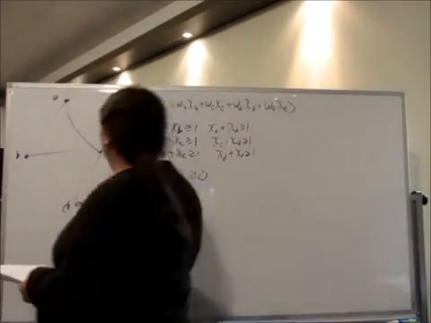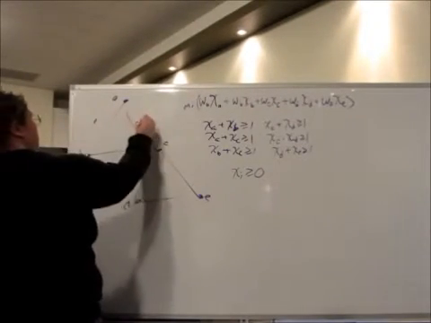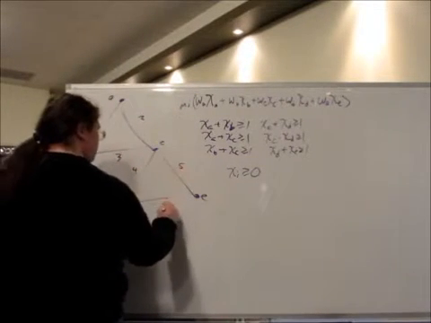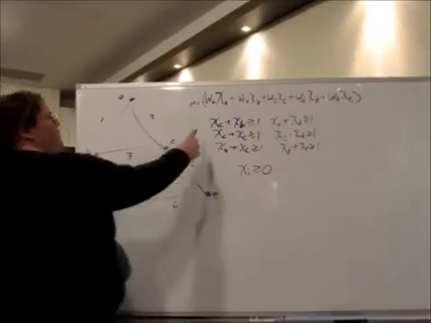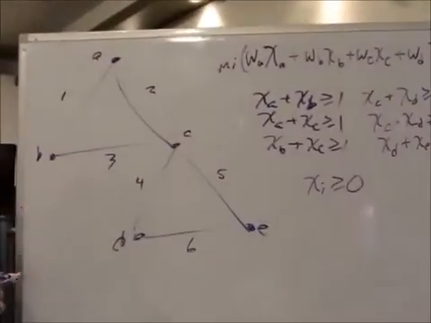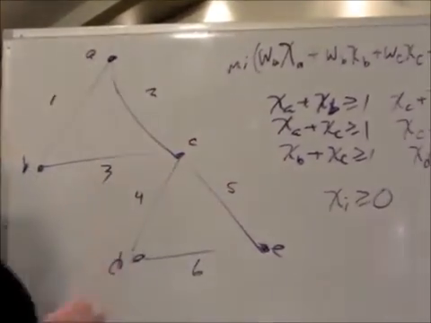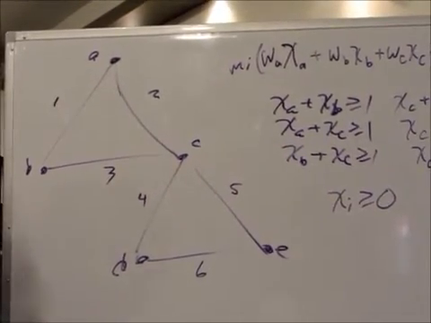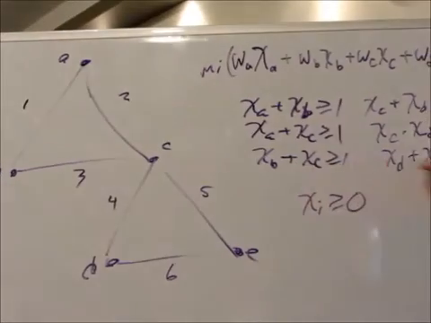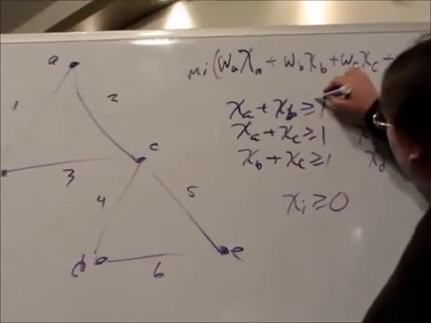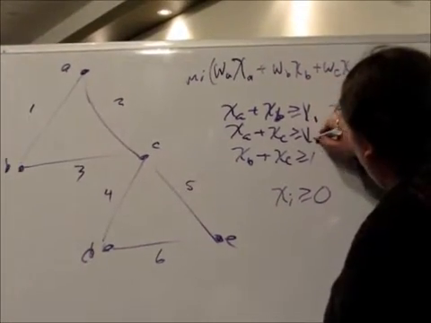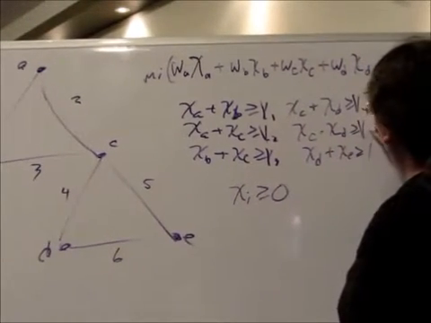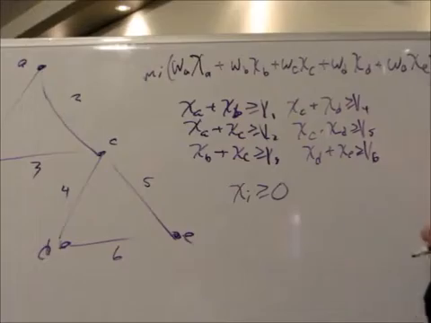So if I were to label my edges, 1 through 6, this constraint here, well that's like edge 1, and this one here, that's like edge 2. And just for the sake of bookkeeping, even though all of these are 1, I'm going to pretend they have actual values. So V1, V2, V3, V4, V5, V6. Okay.